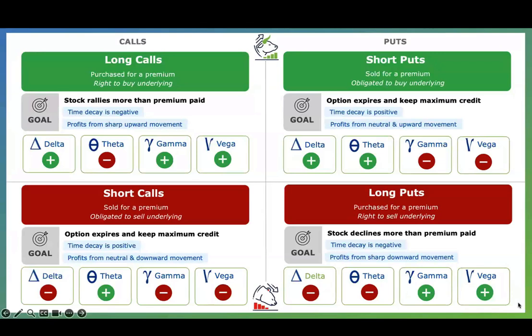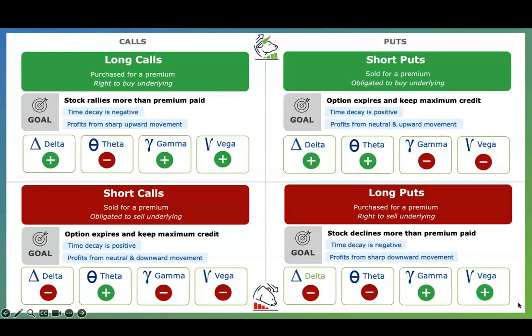Therefore, time decay is positive for short options because as it loses its value, its daily time decay works for us because we sold it for upfront premium. We want to buy it back at a lower price. That's the gist of that altogether. So, real quick on the Greeks, delta tells us our directional bias.